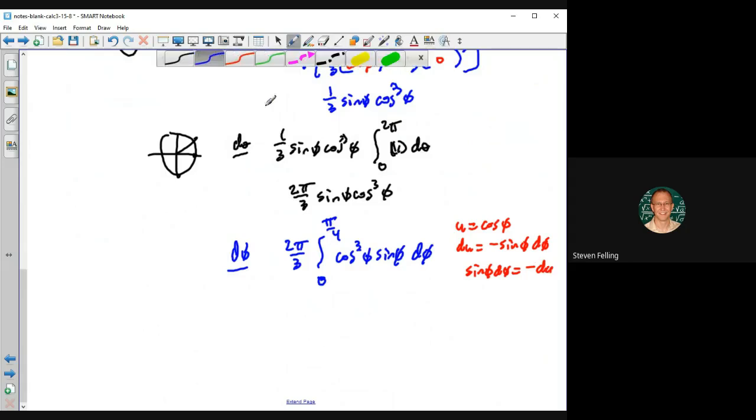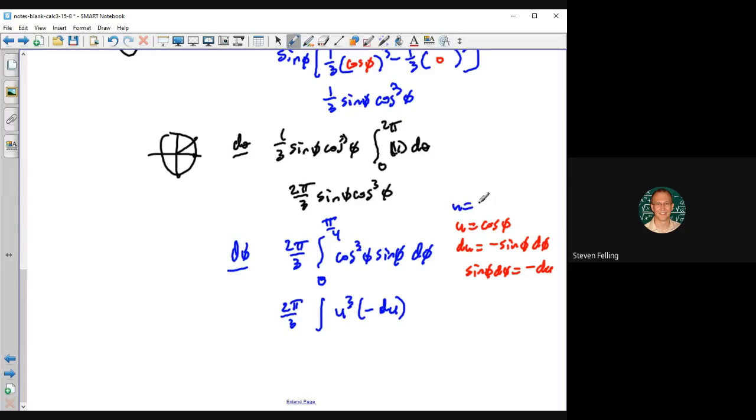And so if we substitute here, we're going to have u cubed negative du, right? And then for the integration limits, when we put 0 in here, u will be cosine of 0, which is 1. If we put pi over 4 in there, cosine of pi over 4 is the square root of 2 over 2.